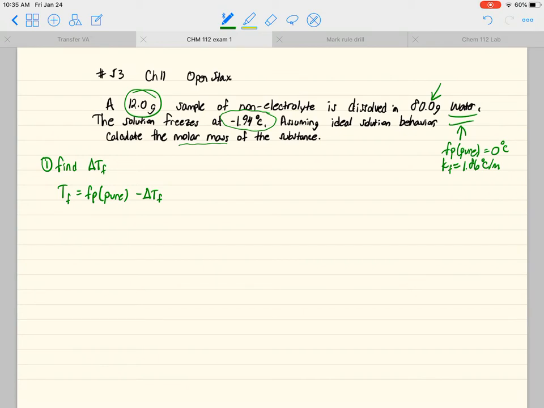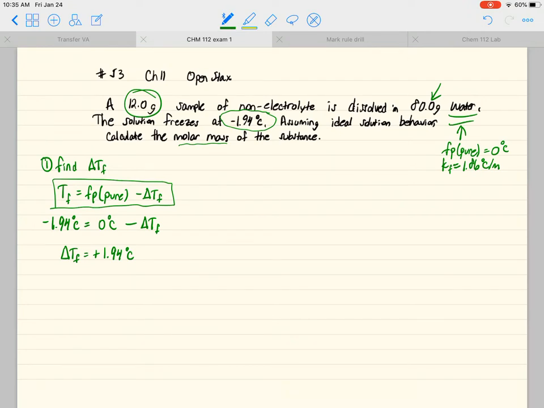So this is the basic formula we use. Here we know the solution freezes at negative 1.94. Pure water freezes at 0, and we want to solve for the change. The change is equal to a positive 1.94 degrees Celsius. The math there is relatively simple.